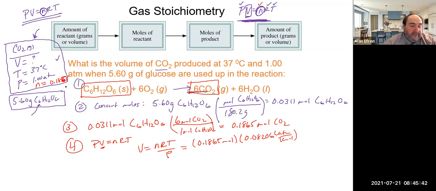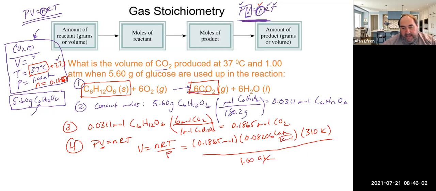Our temperature, it is still the ideal gas law, so we do need to add 273 to that to make sure that everything cancels out correctly. Looks like 310, all divided by our pressure, which was 1 atmosphere.